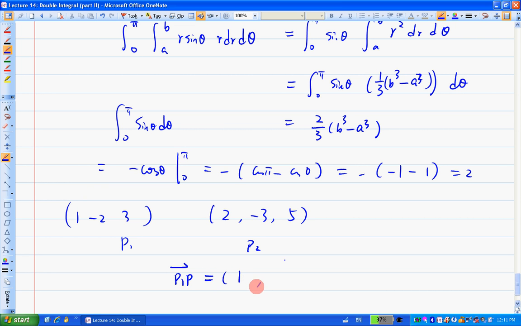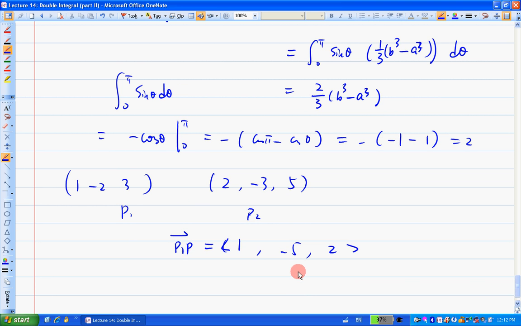So that's 1, negative 5, 2. Many of you made this kind of mistake. What should be here? Negative 1, right? The worst thing is, this one is wrong, and you have absolutely the right idea doing the rest of the work, but it's all wrong.